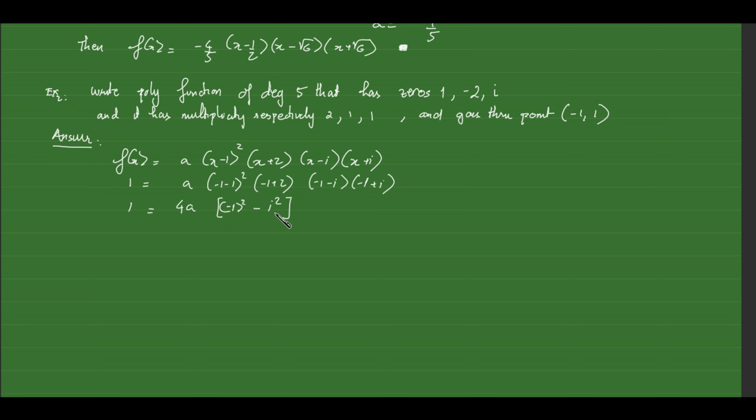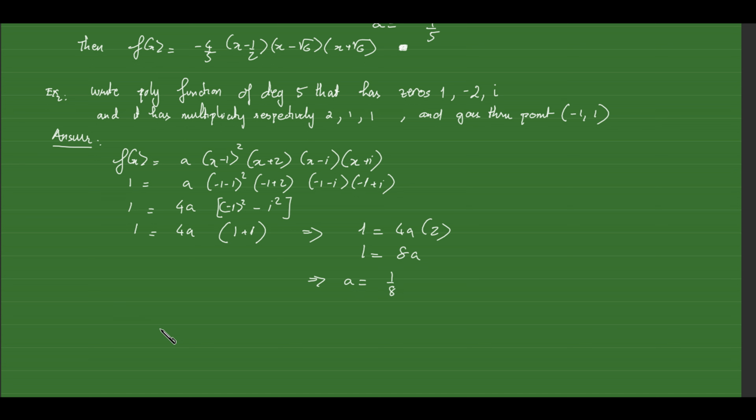Let me see, this is good or not. Okay, so what do we get? We give 1 for a, so negative 1 squared is 1, i squared is negative 1, negative becomes 1, right? So this means that 1 equals 4a times 2, which is 1 equals 8a, right? So a will be what? a will be 1 over 8.